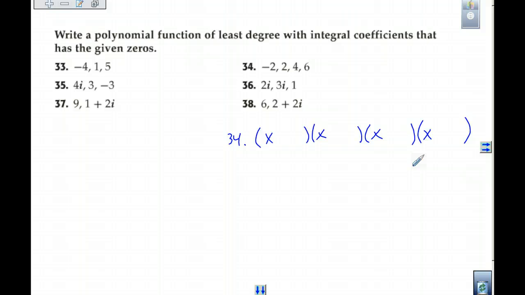And they all start with x. And for each one, you just plug in the opposite of what they give you. So for negative 2, you're going to plug in positive 2. And for positive 2, you're going to plug in a negative 2. For positive 4, negative 4, positive 6, negative 6. And then just spend the time to multiply all that together.